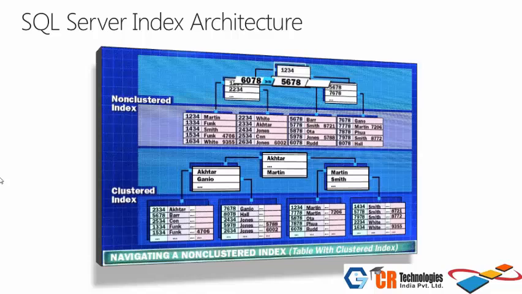SQL Server evaluates whether 6078 is greater than or equal to the key value 5678. The comparison is true. 5678 is the last key value on the page and evaluates to true. As a result, SQL Server moves to the next level to which the key value 5678 points. SQL Server evaluates whether 6078 is greater than or equal to the key value 5678.